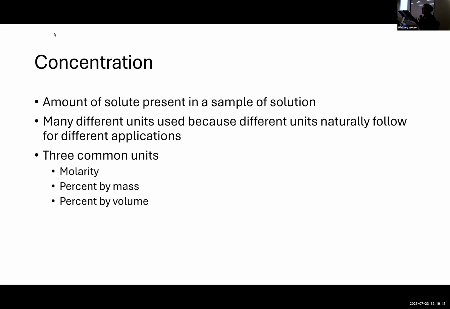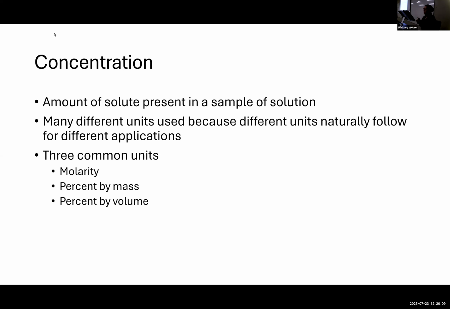There are many different units used because different units naturally follow different applications. Like if I wanted to focus on a gas and I'm dissolving in a gas, I would use different units than a solid dissolving in a liquid. So very, very different. And that's why it's very important for us to understand what is a solute, what is a solvent, and what is a solution.